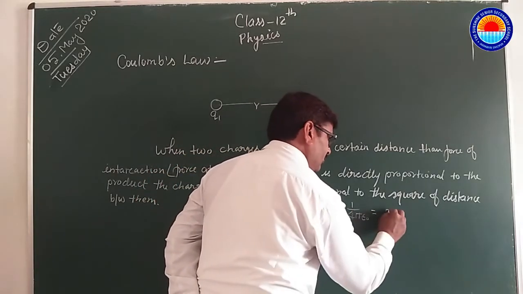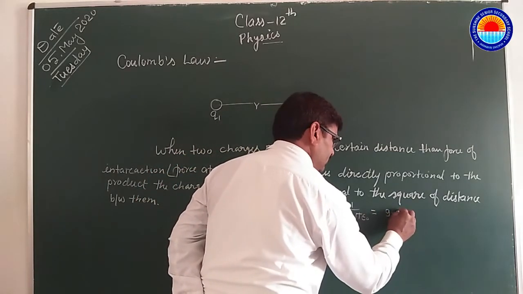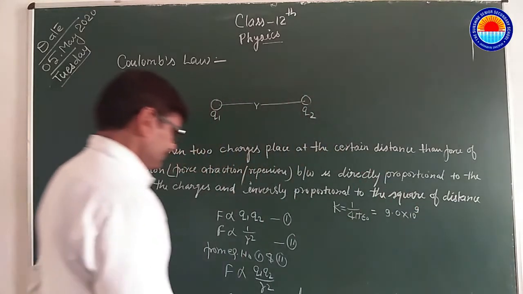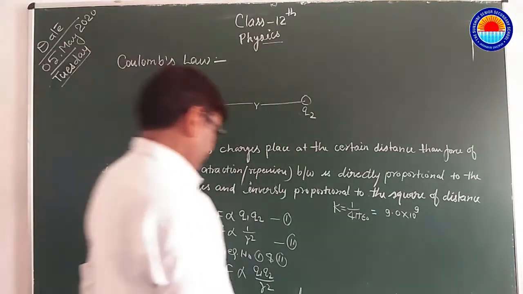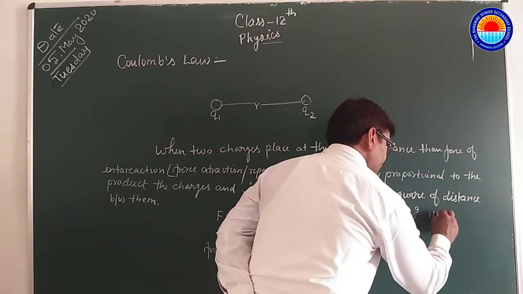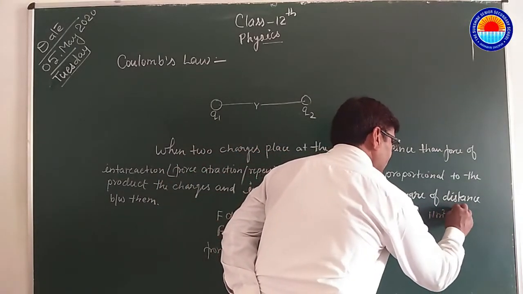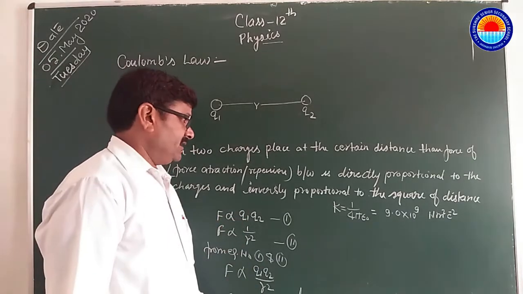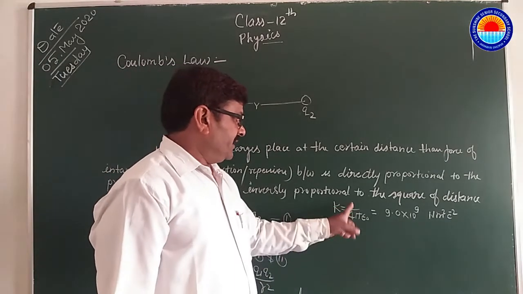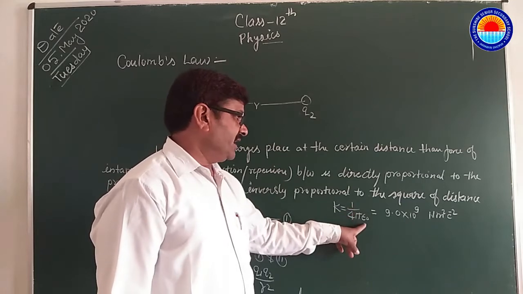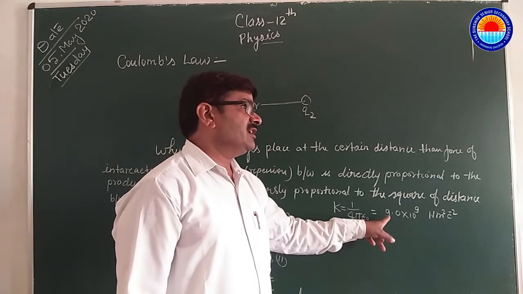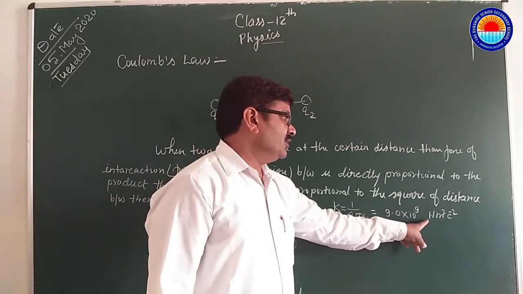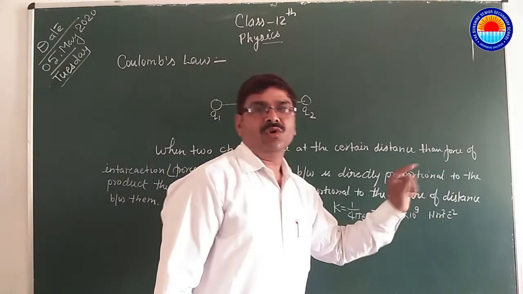Numerically it is equal to 9.0 into 10 to the power 9 Newton meter square per Coulomb square.